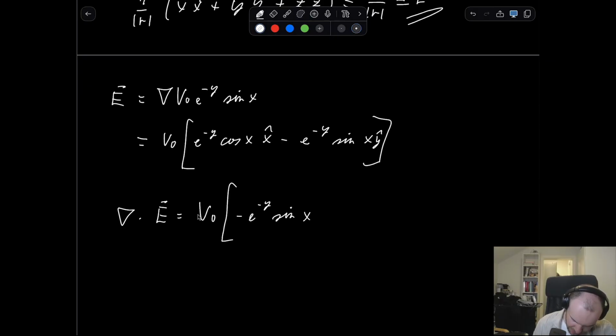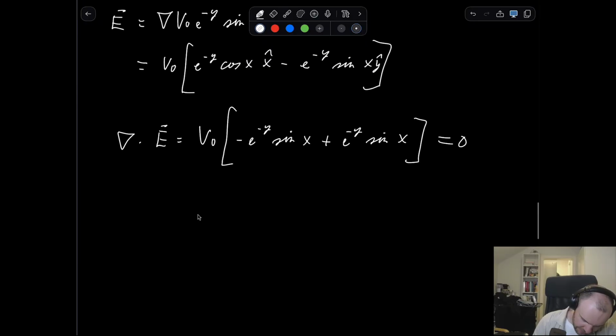Then in the next part, we have e to the -y, and in terms of y, they get a plus. We still have sine x, and all of this is of course 0, as you can see.